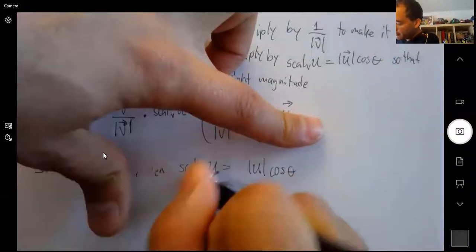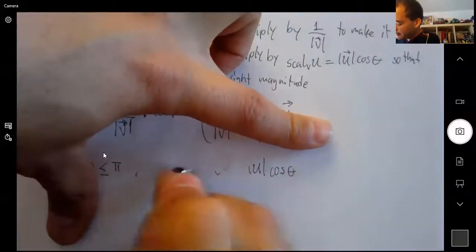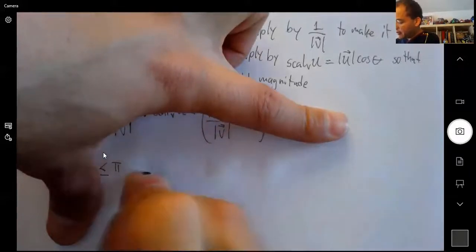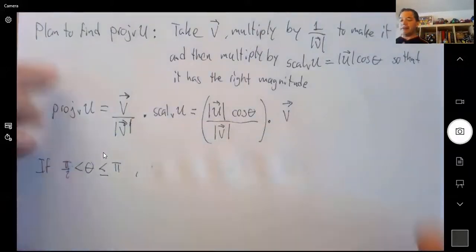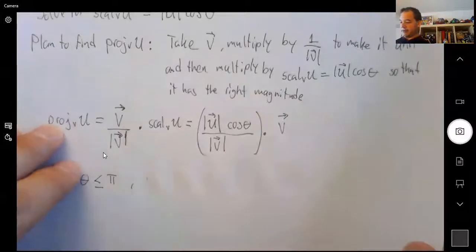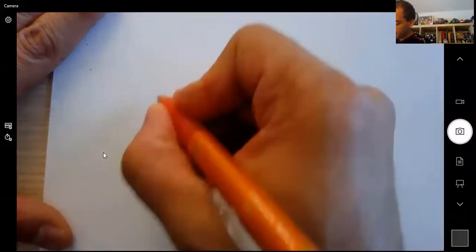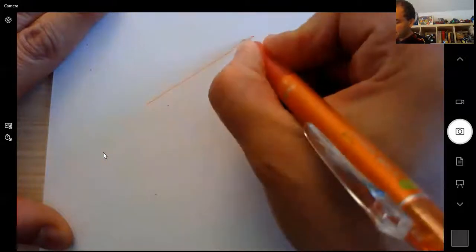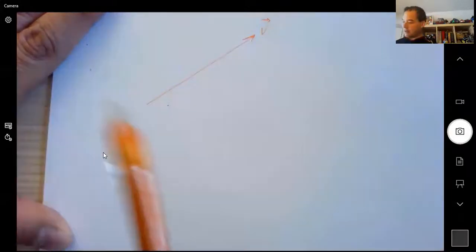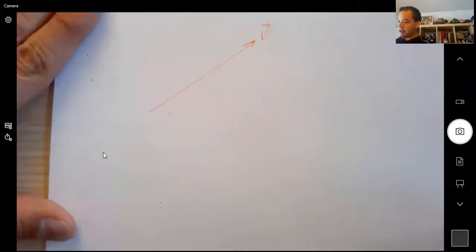Let's do it. Usually we don't have the time, but I think we can do it. So let's do the other case. What would be the other case? We're going to need a new picture. So we have our vector v, and let's imagine that now our u is like this.